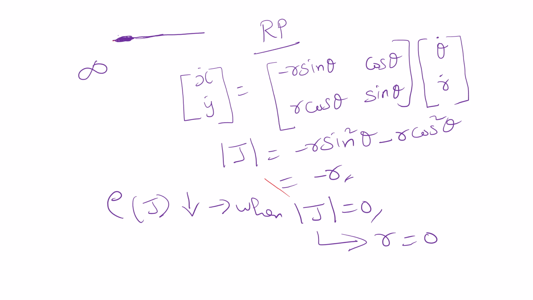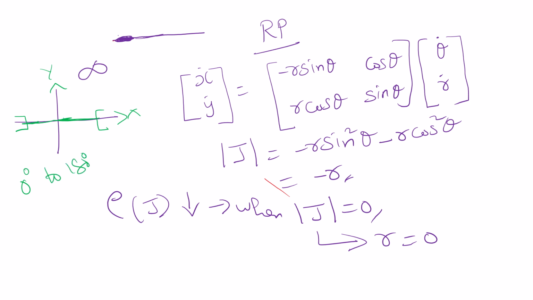Let us consider the manipulator. Suppose the manipulator is first along the positive x-axis, this is the x-axis, and this is the y-axis. When the manipulator is along the positive x-axis and you want to move it to the negative x-axis, the joint configuration will vary from 0 degrees to 180 degrees.